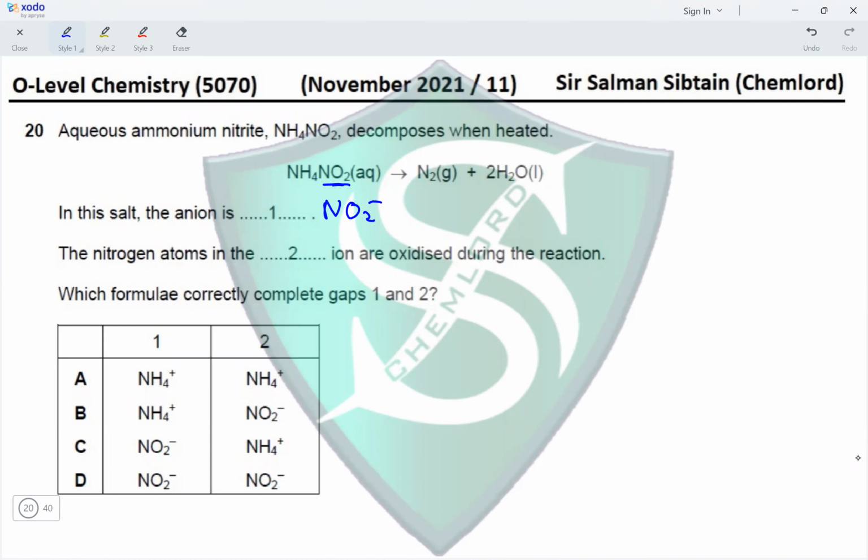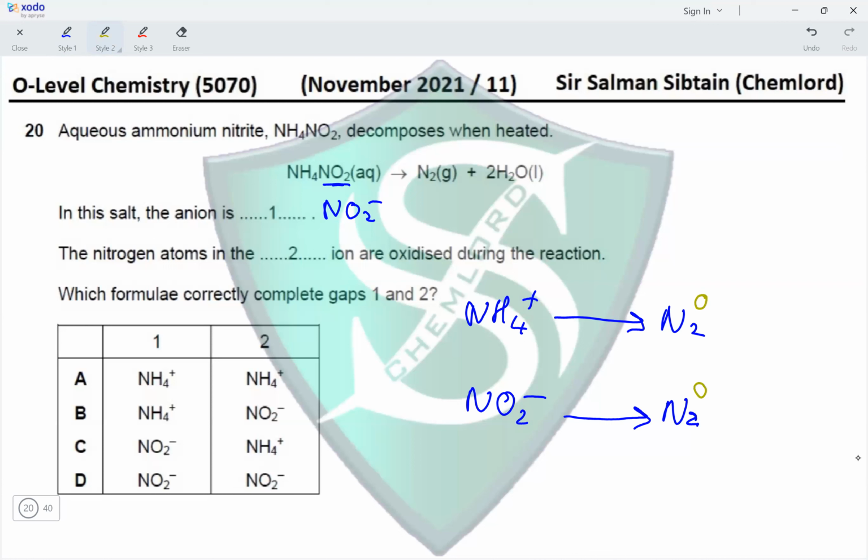So we have the NH4 positive ion containing nitrogen and the NO2 minus ion containing nitrogen. NH4 is converted into N2 as well as NO2 being converted into N2. Now, N2 has an oxidation state of 0.